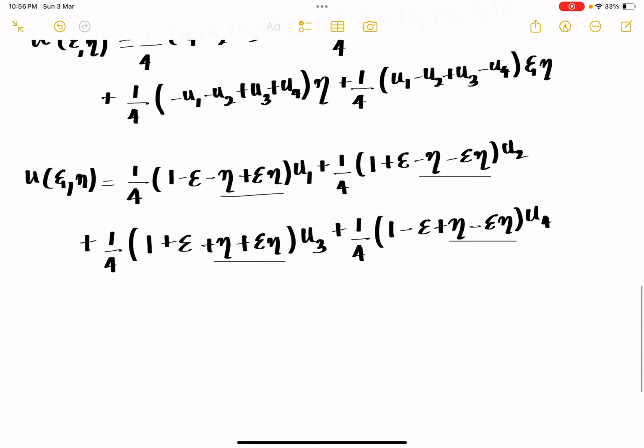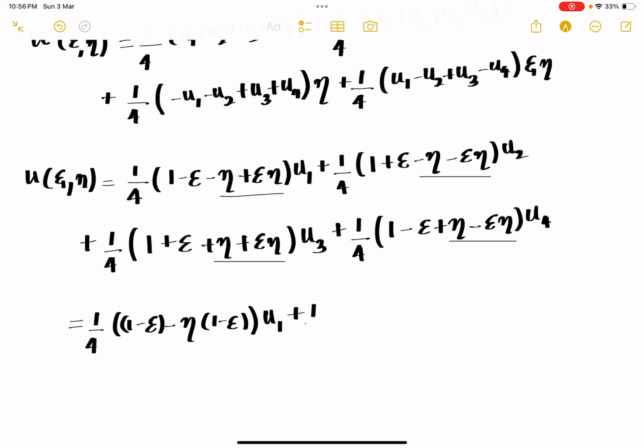The next step, it's going to be 1 by 4 1 minus epsilon. Let me bring that eta common. Minus eta, if I take it outside, I'll be getting 1 minus epsilon. So I can put bracket like this into u1.